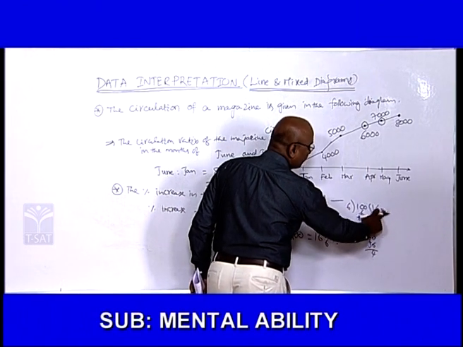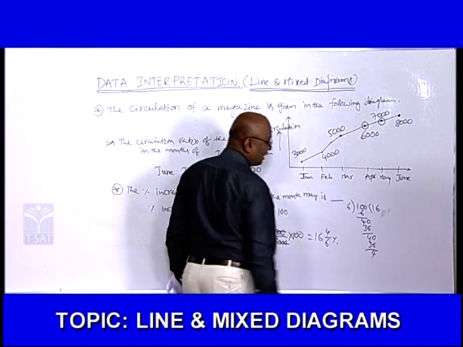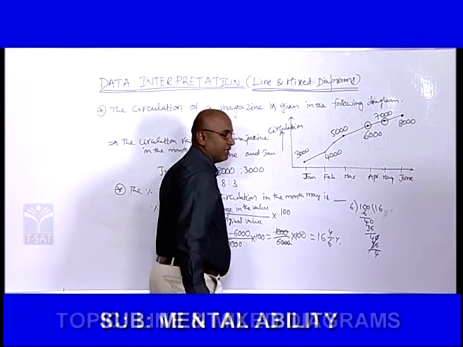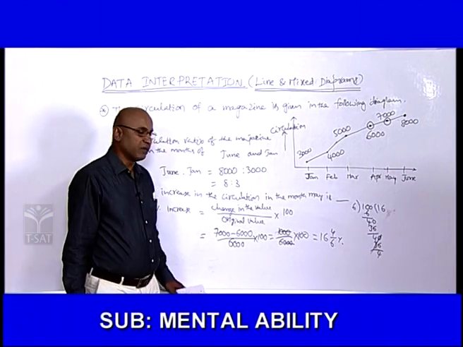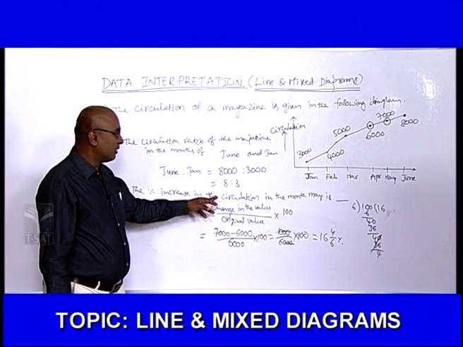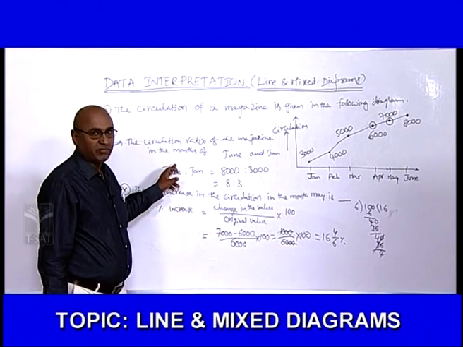So 16 4 by 6 is the answer. So here also we can stop there. So 16 4 by 6 is the percent increase in the circulation of the magazine in the month of May when compared with the month of April.